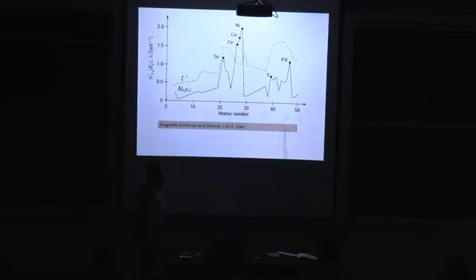Palladium and platinum are paramagnetic materials on the verge of becoming ferromagnetic because the density of states is just at the edge. Yttrium is also good, but scandium is actually quite good. It's close to becoming a ferromagnet.